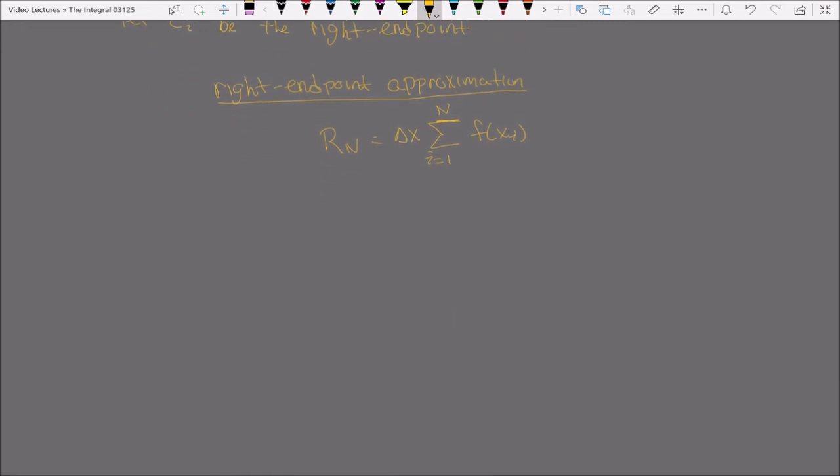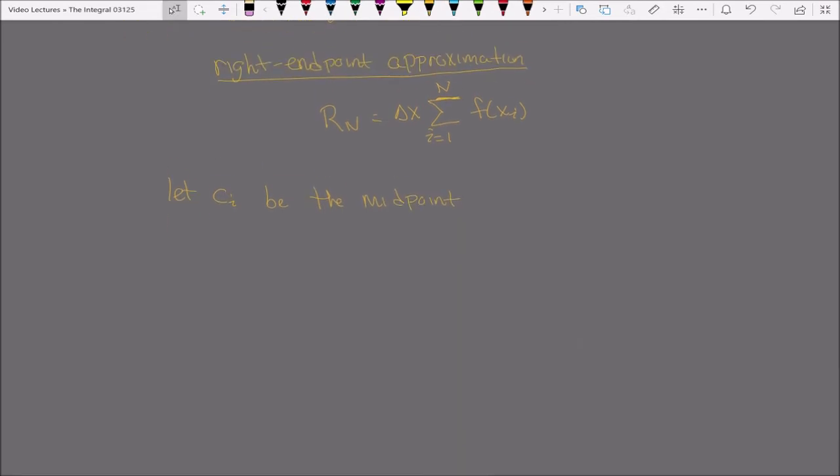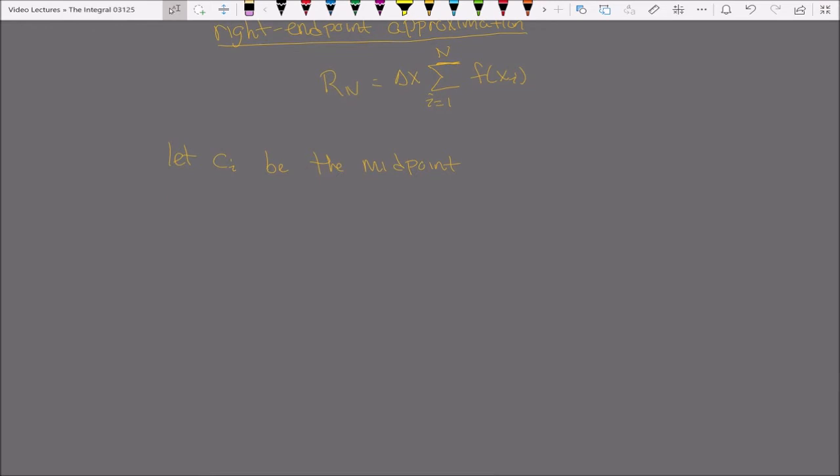The second method is to let c sub i be the midpoint of the interval. This gives us what's known as the midpoint approximation.